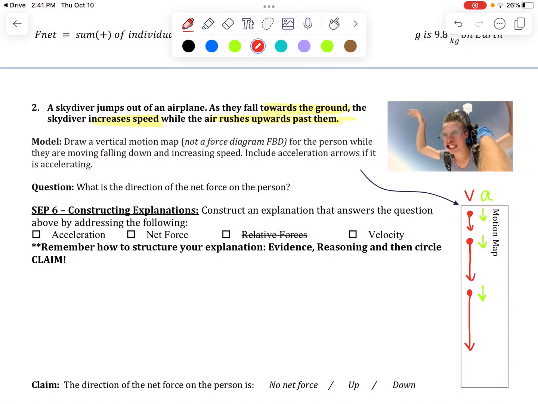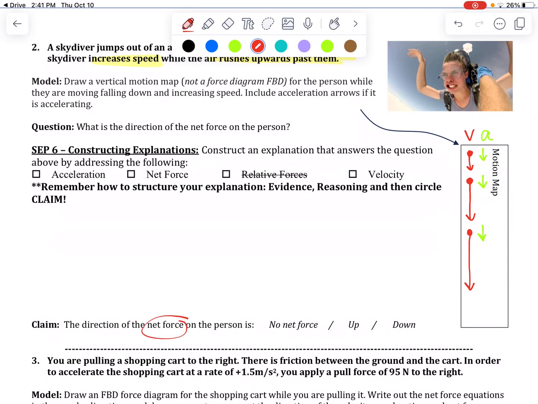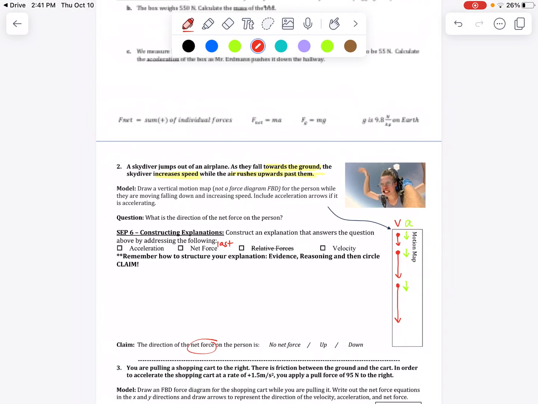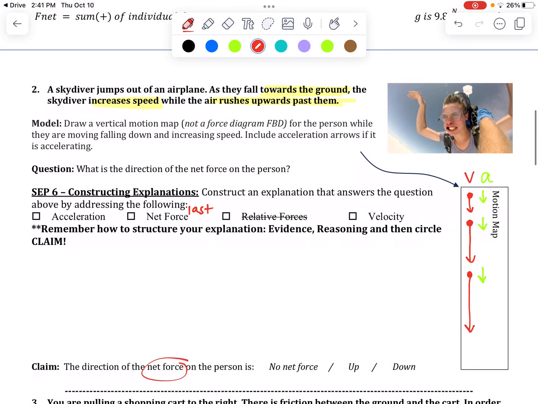So I'm going to look. I don't need to talk about relevant forces this time, but I do need to talk about net force, velocity, and acceleration. I'm trying to answer a question about net force, so this is going to go last. So that means I'm either going to start with velocity or start with acceleration. If I look at the prompt, what do I know more about? Velocity or acceleration?